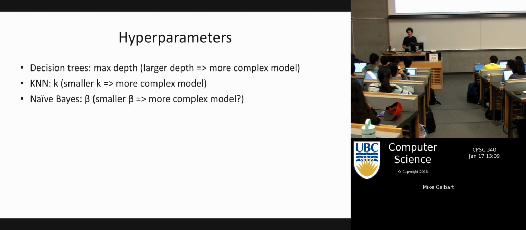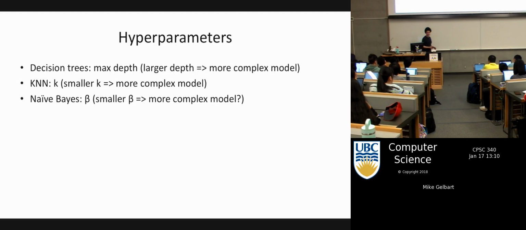But for decision trees, we had as a prominent hyperparameter the maximum depth of the tree. And often these hyperparameters control complexity. Again, you can define the word hyperparameter however you want, but often it's related to the complexity of the model. So deeper trees, more complex models can capture more complicated patterns. With k-NN, we have k as a pretty prominent hyperparameter.